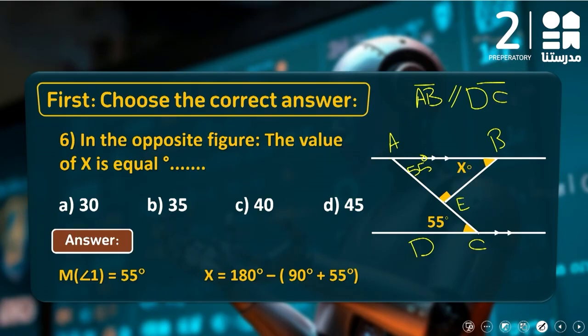How can we find x? We have a triangle ABE, and we know that the sum of the interior angles of a triangle equals 180 degrees. So x equals 180 degrees minus 90 degrees plus 55 degrees, equal to 35 degrees. So x equals 35 degrees, and B is the correct answer.